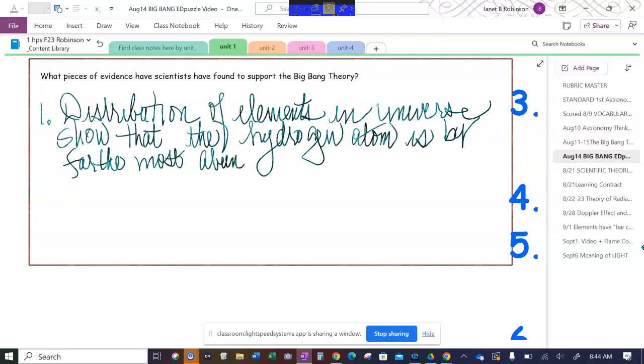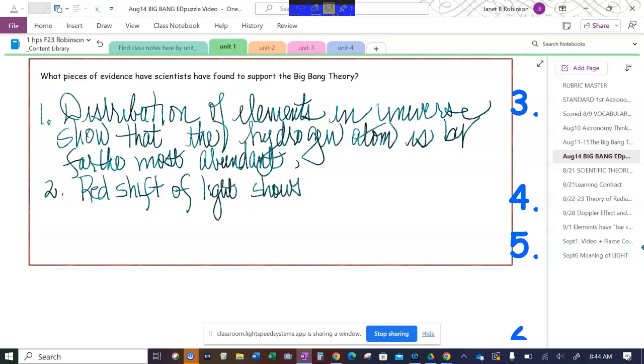All right, now the second one are the ones we've been studying, the redshift, right? Because that one was hard to understand. The redshift of light shows through the spectroscope, now we know what things like this are, don't we?